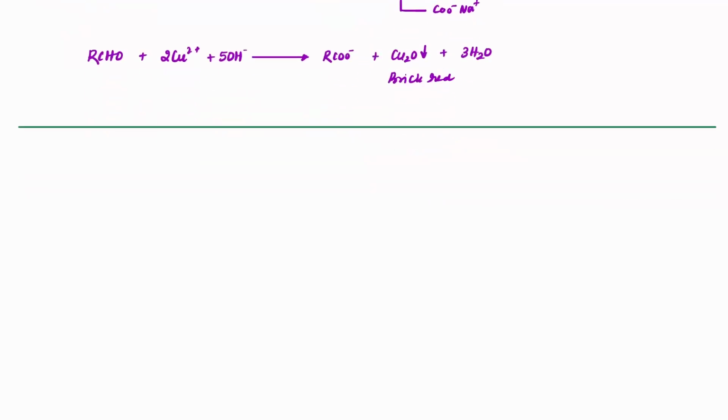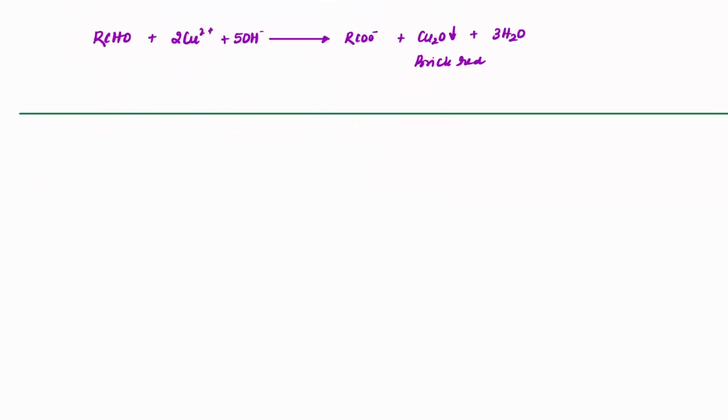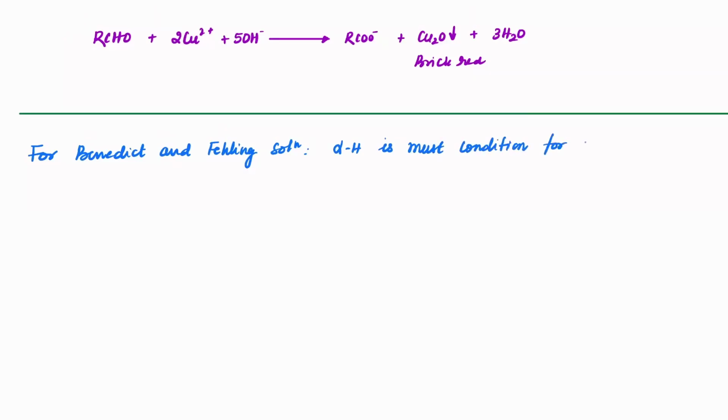So the important condition here for Benedict and Fehling's solution is that alpha hydrogen must be present for aldehydes.